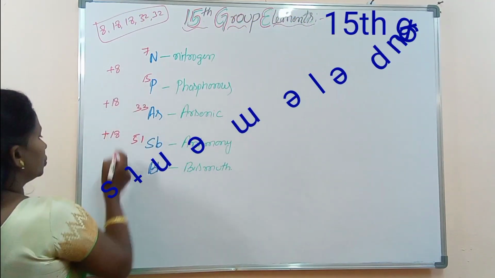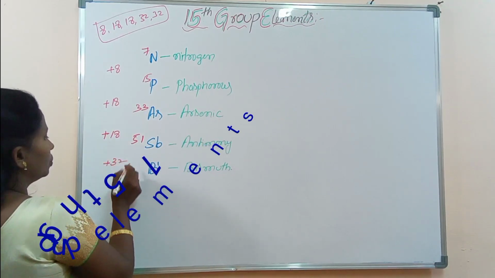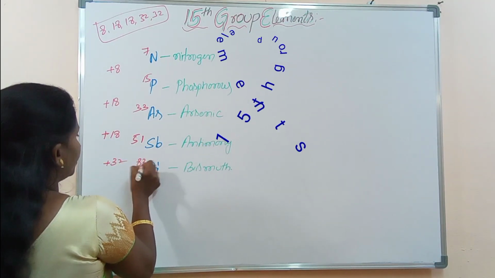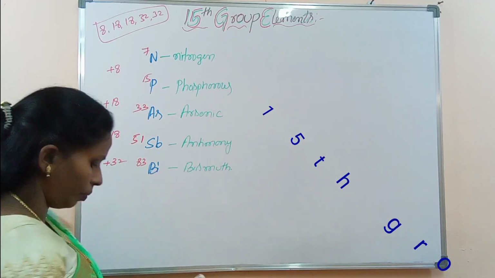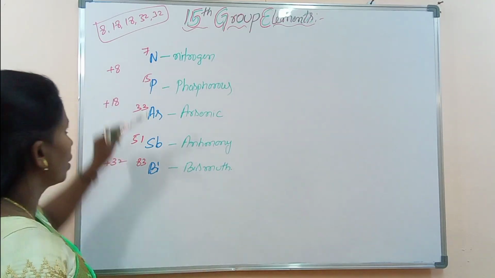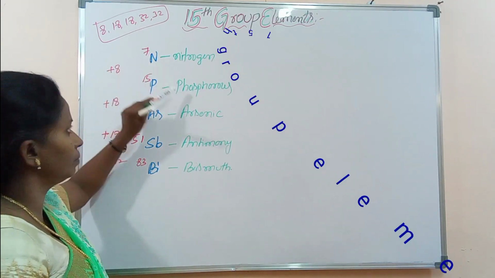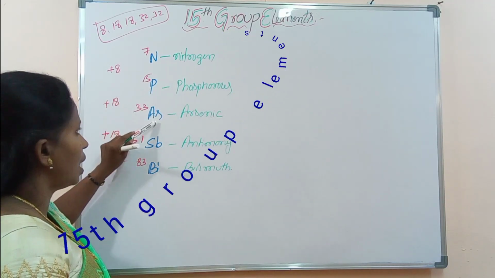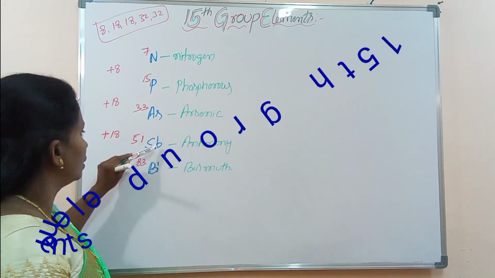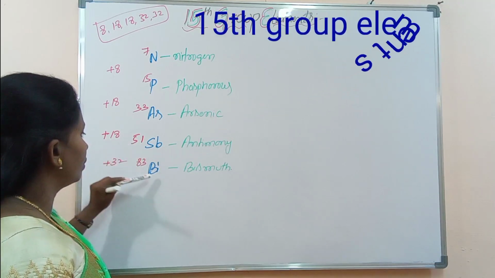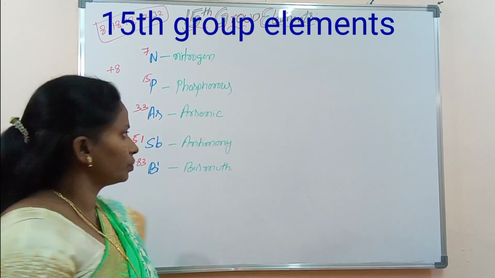Then next 32: 51 plus 32 will be 83. For bismuth the atomic number is 83. Look here: nitrogen with atomic number 7, phosphorus 15, arsenic 33, then antimony 51 and bismuth 83.